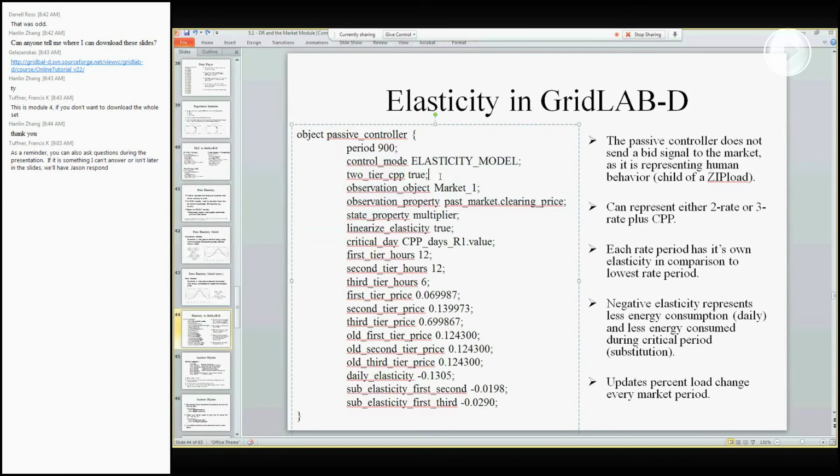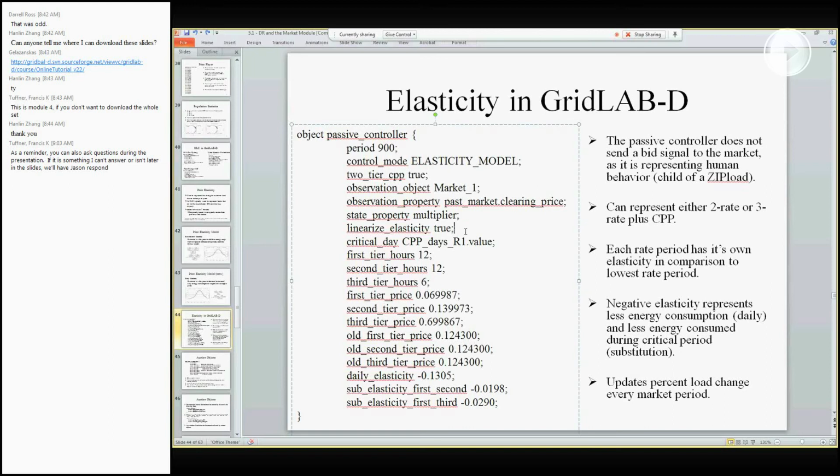In this case, we're looking at either a 2-tier critical peak price period, or if you would activate this as false, then it's a 3-tier plus critical peak price. This always gets activated to tell it that we need a multiplier on the load. So, for example, what it's doing is it's looking at this at the zip load, and there's a property in there called multiplier, and that's how it's accessing it and shifting the load from its base load.